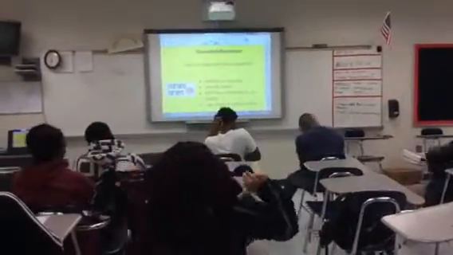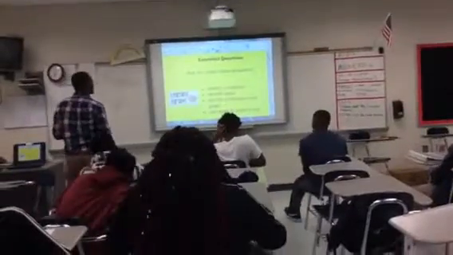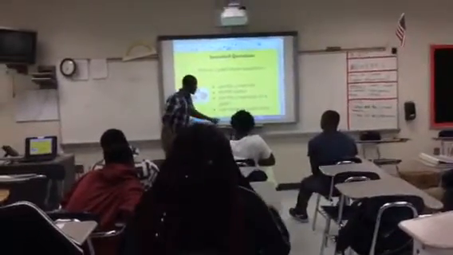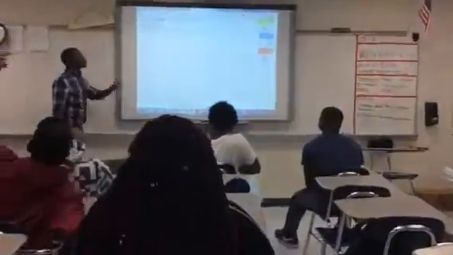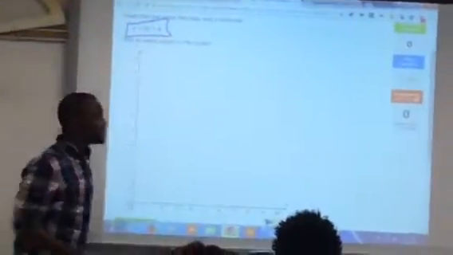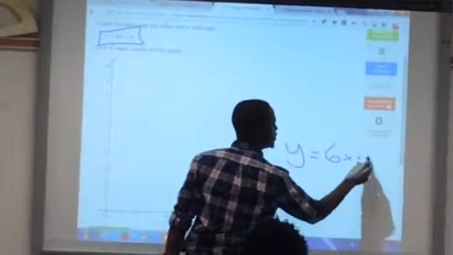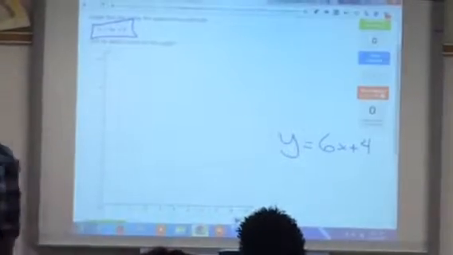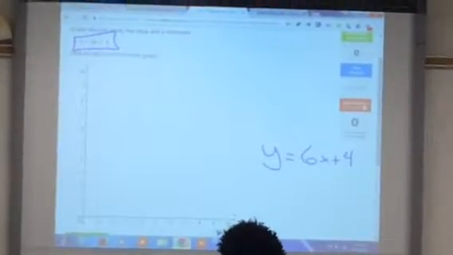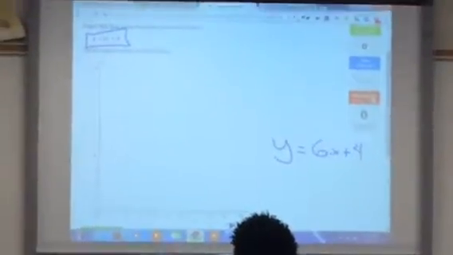John. I want to be able to identify the y-intercept. So if I look at my equation, which part of this equation is the y-intercept, John? 4, all right? John, come up to the board and plot 4.